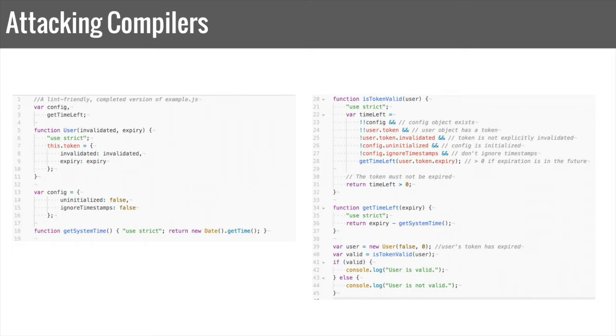So just to give you the lay of the land here, we have a config variable. The config is either initialized or it's not, something to do with timestamps, whatever. You can ignore that for this example, really. Then we have a user object that we'll instantiate one instance of.